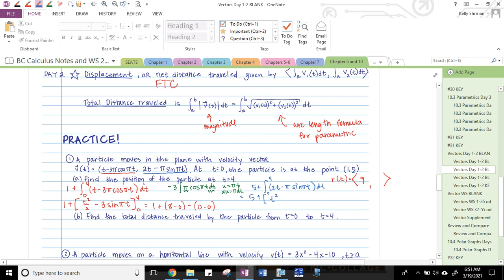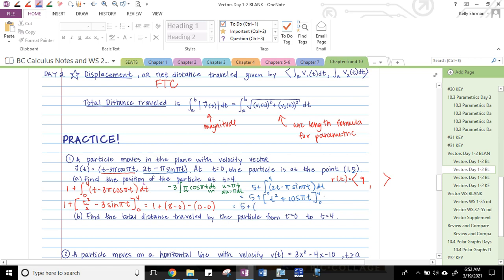This is similar to what we had before. If u is pi t, du is pi dt, which we have. The integral of sine is negative cosine, and we have a negative already, so this should be plus, because minus negative is plus. So plus cosine of u, which is pi t, evaluated from 0 to 4.